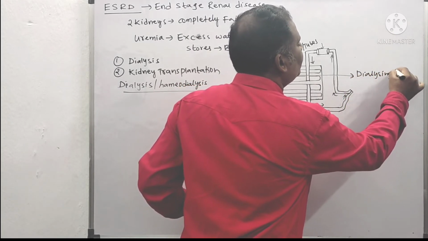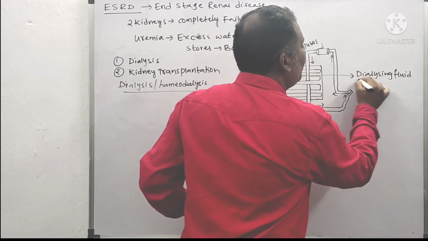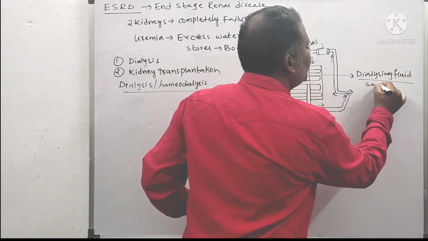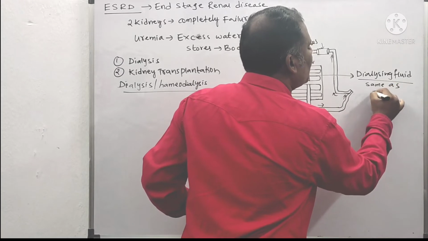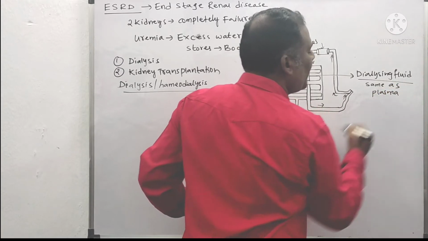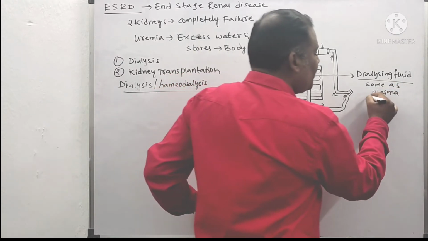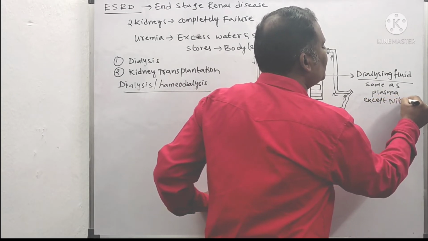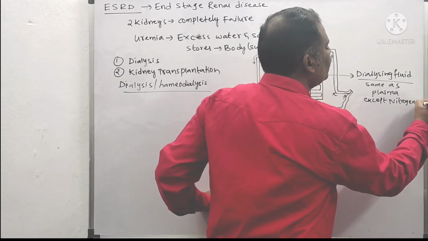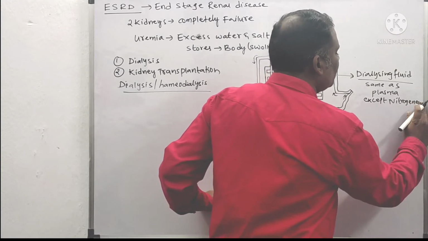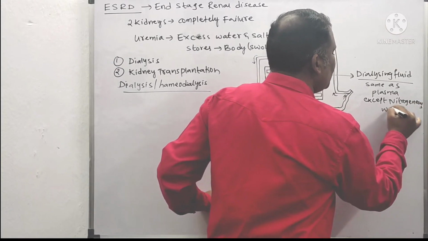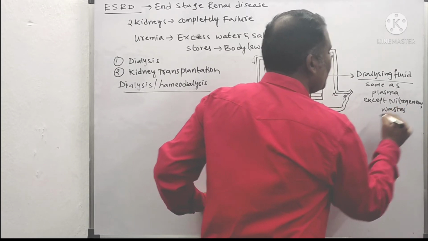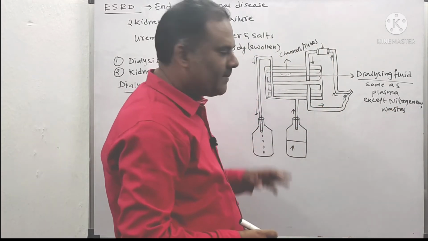The dialysing fluid is the same as the plasma of the blood, except nitrogenous waste.